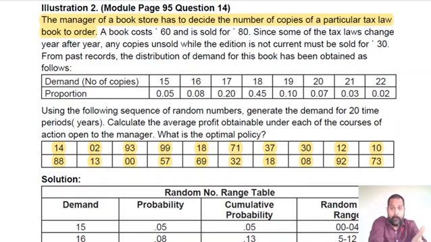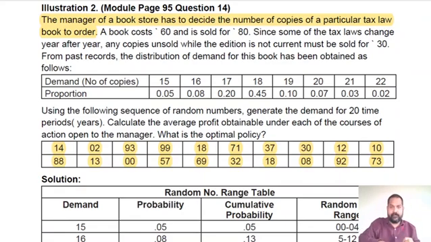So the problem is that you have to tell the manager how many copies to order. On the basis of what are you going to take that decision? Obviously, I could have taken an average and told him. But I can't just do that, because they are asking you to suggest to him.